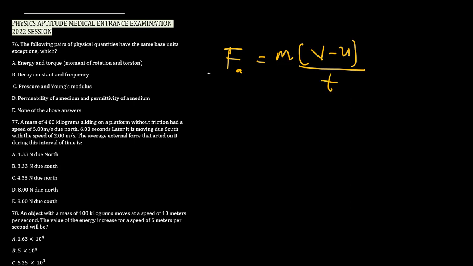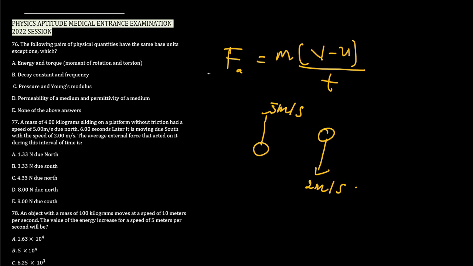The interval of time, delta t, was already given to be 6 seconds, and the mass is 4 kilograms. The object was moving initially to the north, and the speed was 5 meters per second, and after 6 seconds the object began moving towards the south, and the speed was 2 meters per second.